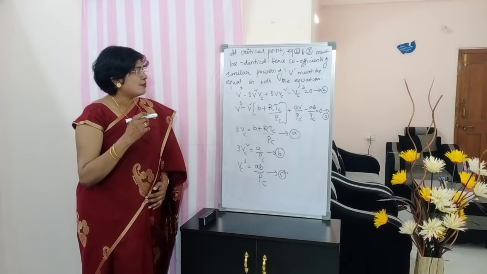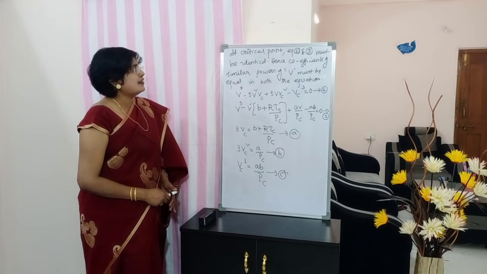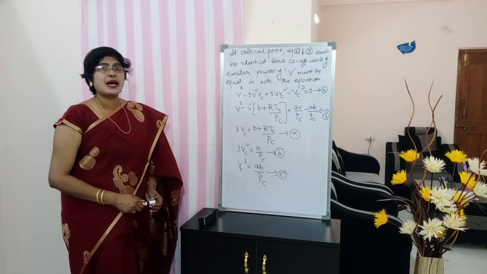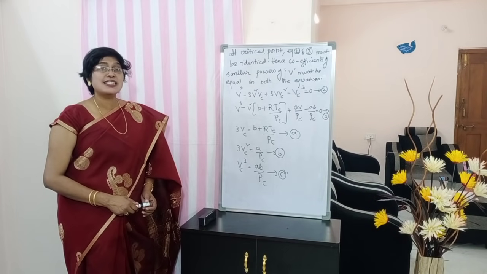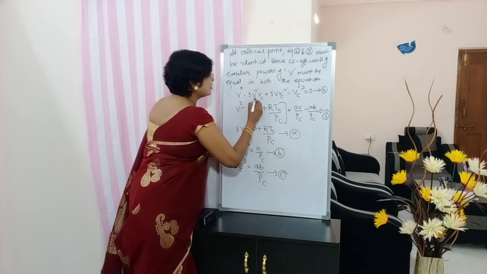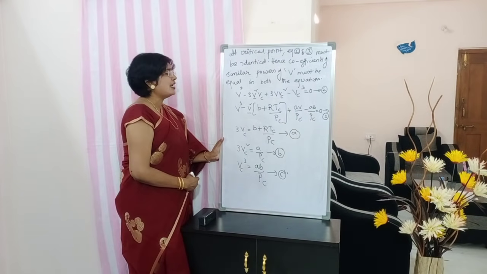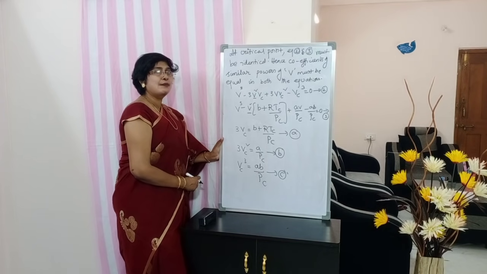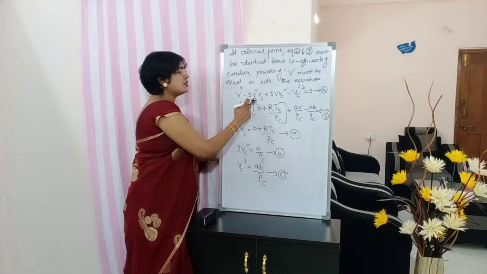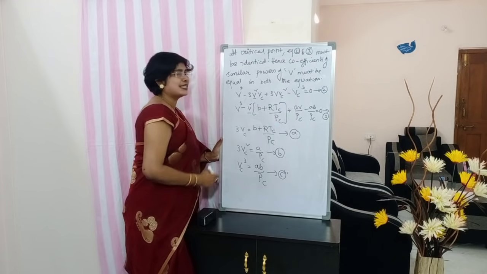The coefficients of similar powers of V must be equal. In this equation there is V square, in this equation there is V square, the second term. Coefficient of V square is 3Vc, and the V square coefficient here is B plus RTc by Pc.